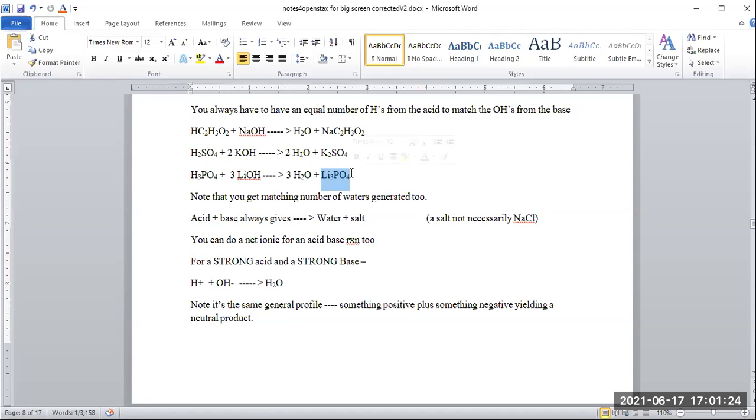But, okay, we still have kind of a similarity. One of the things that I've been sort of pounding on here about the precipitation reactions is that when you write your net ionic, you have a positive thing and a negative thing, and it makes a neutral molecule.